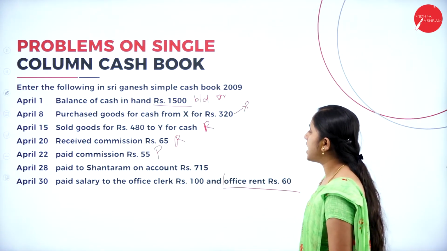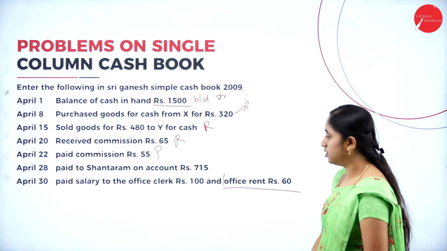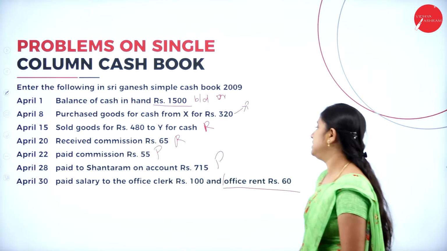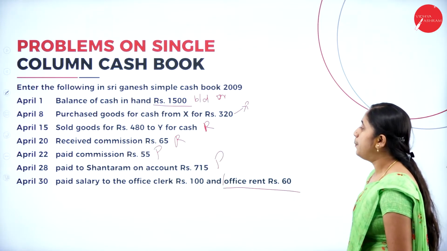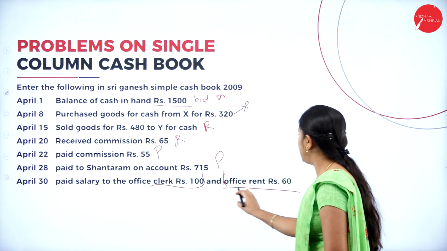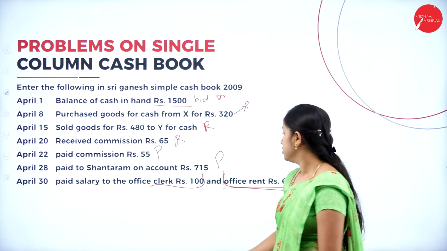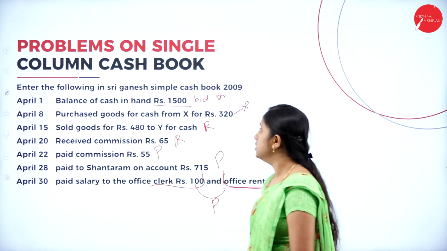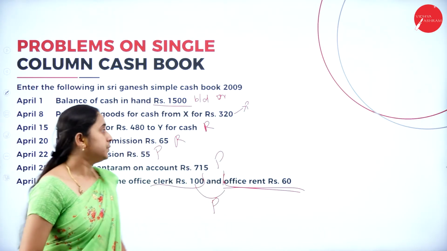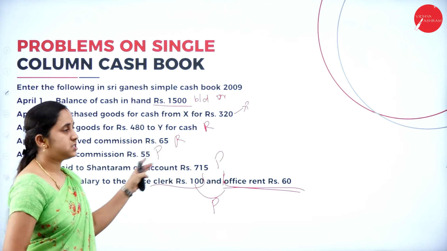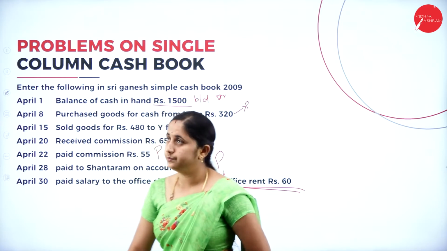Next, paid to Shantaram on account. That means you are going to pay Shantaram rupees 715. This is the payment. Next, paid salary to the office clerk. This is one transaction and office rent 60. So both are payment. So first you need to identify whether this is the payment or receipt, then start doing the problem.